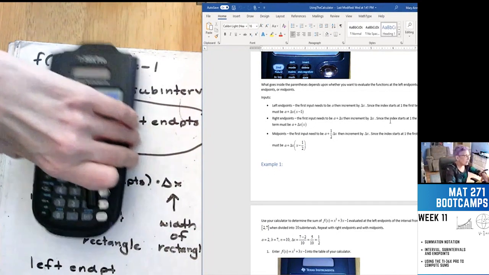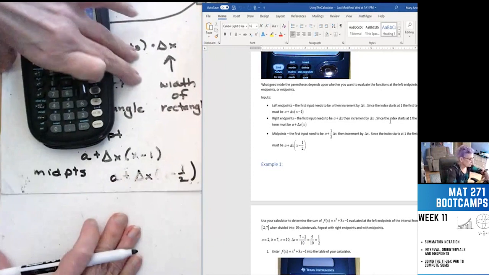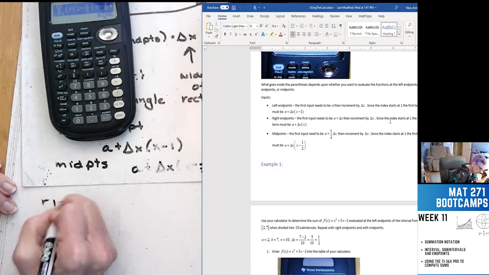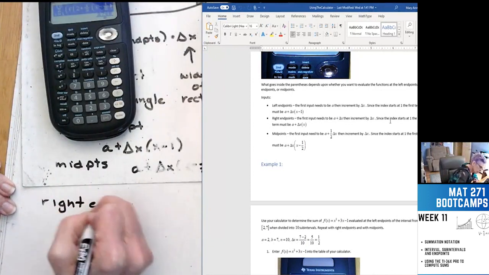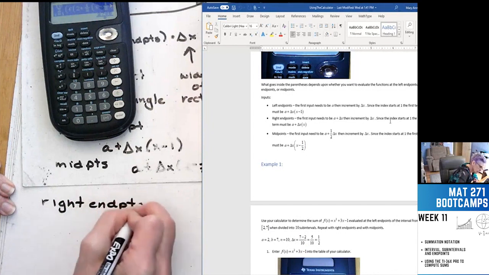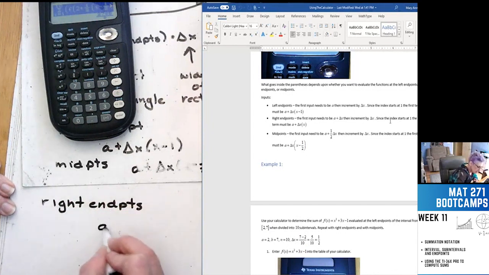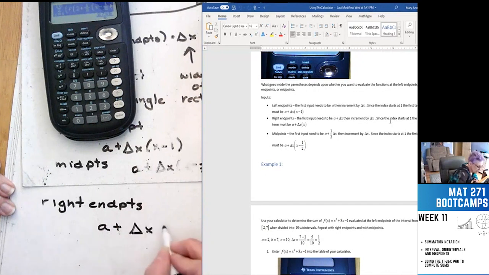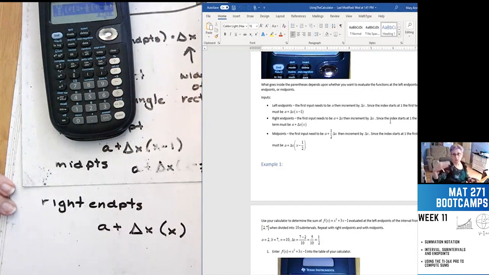What if I wanted right endpoints? Well, if I wanted right endpoints, I want A plus delta x just times x, because I want to add in delta x's.